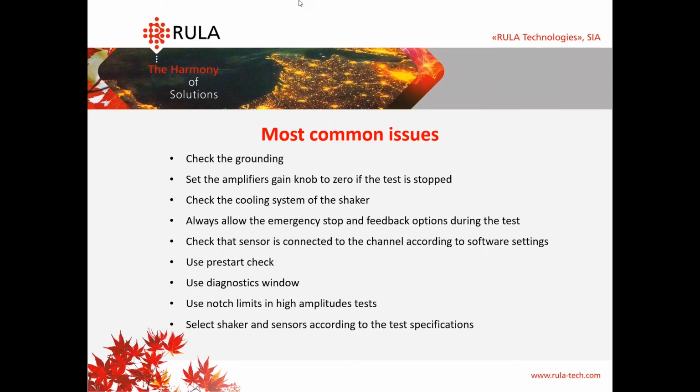with the second one. We recommend to set the amplifier gain knob to 0 when the test is stopped, or you turn off your setup. For example, you have a turned on amplifier, it has some gain, and you get the 50 Hz noise, and as a result, the shaker table is moving, and for example, the level is rather high, and you can damage your shaker that way.